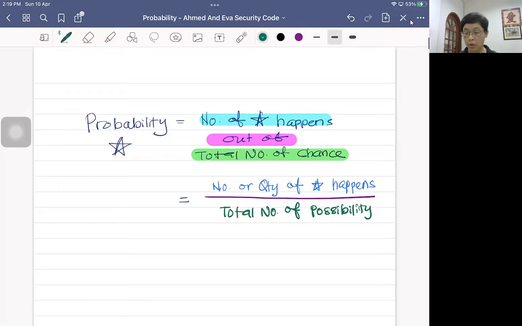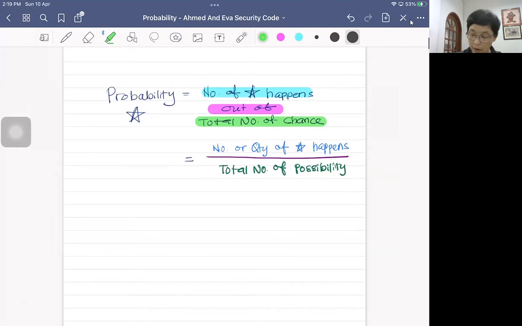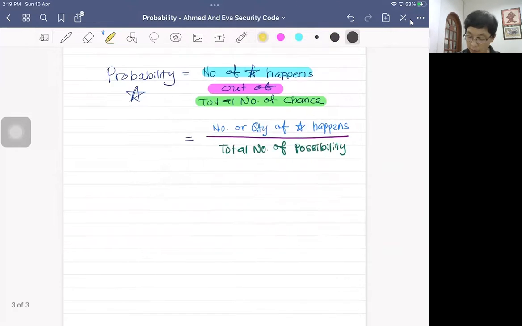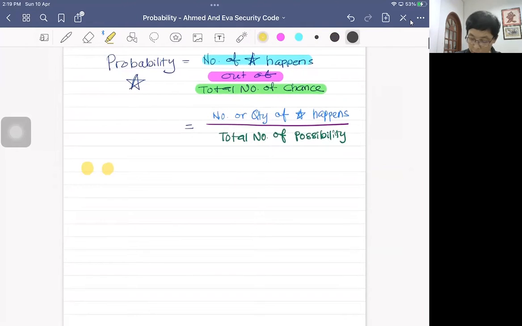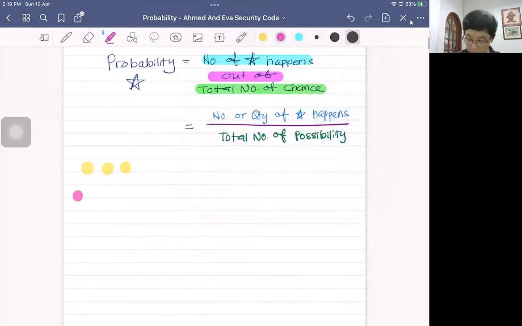All right, so let's put in some random example. Here we have, let's say, 1, 2, 3 yellow balls, and then let's say we have 1, 2, 3, 4, 5 of another color, and then let's say we have 1, 2. So imagine that there's a mixture of these colored balls in a box.